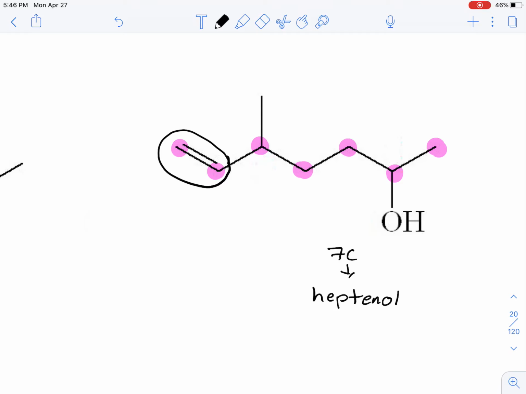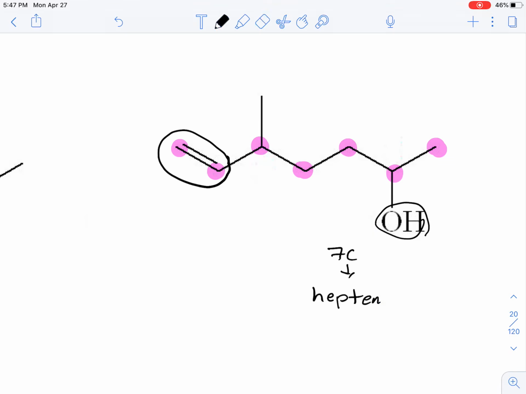The thing about having a double bond in an alcohol is that we need to communicate to the reader what carbon numbers the alcohol and the double bond are found on in the parent chain. So we're going to modify this naming just a little bit.